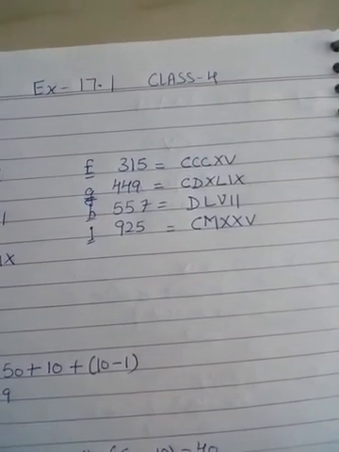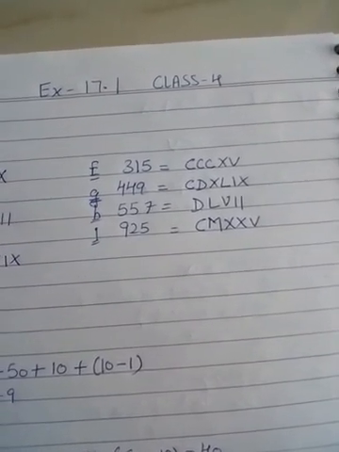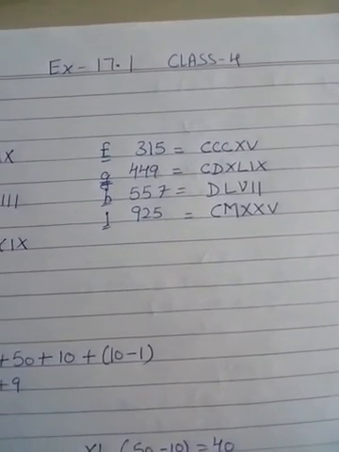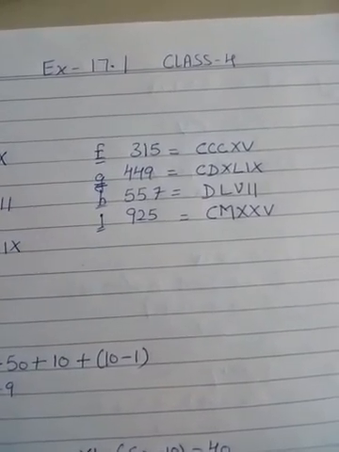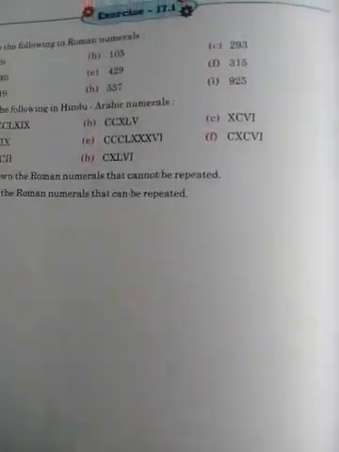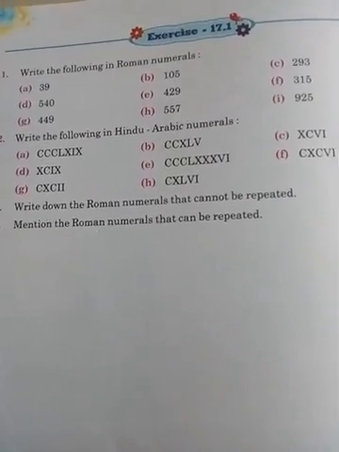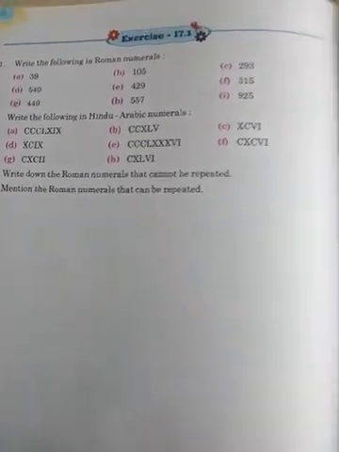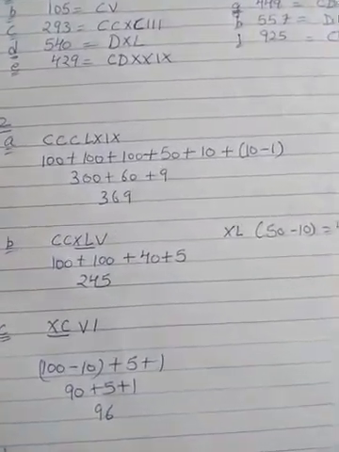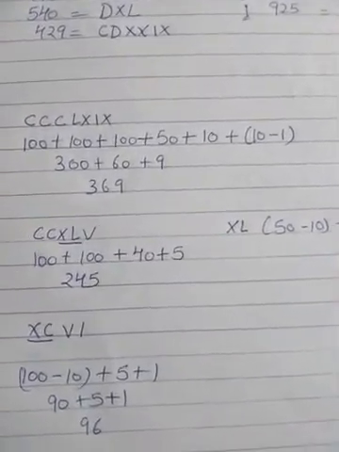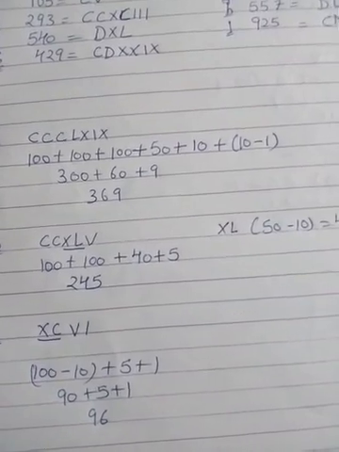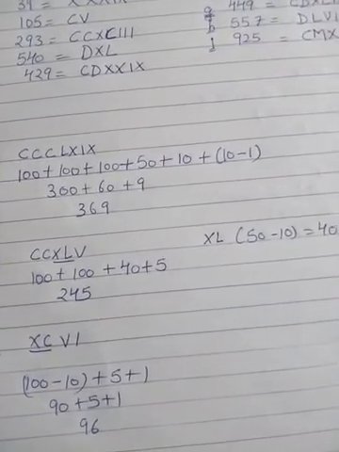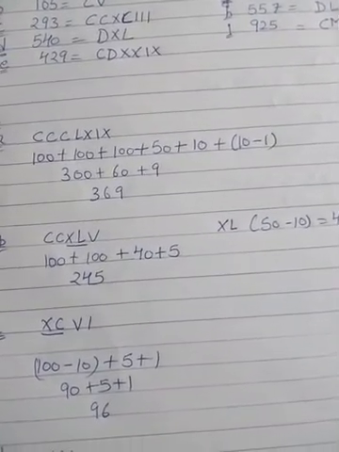557: first write 500, then 50, then 7. 925. And question number 2: write the following in Hindu Arabic numerals. As I told you, first of all you have to write the single Roman numerals according to their Hindu Arabic value and then add them all, so that you can get the number very clearly.